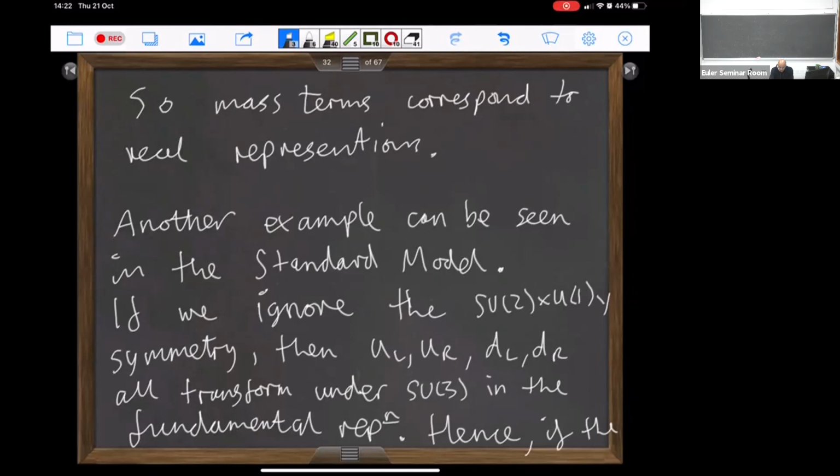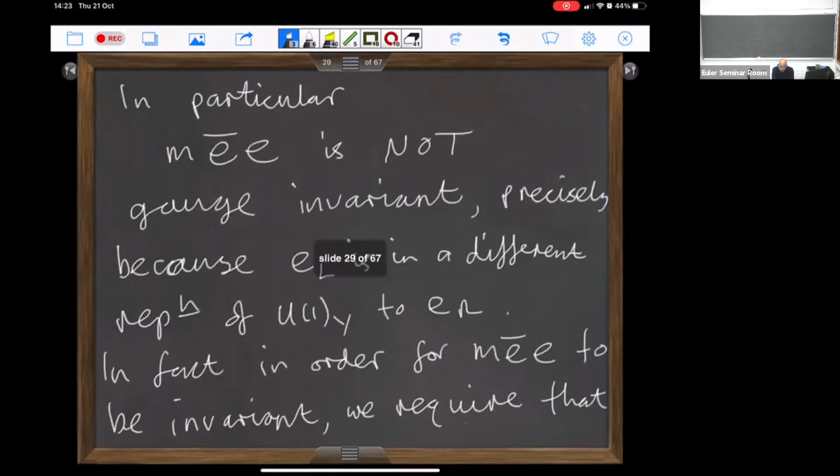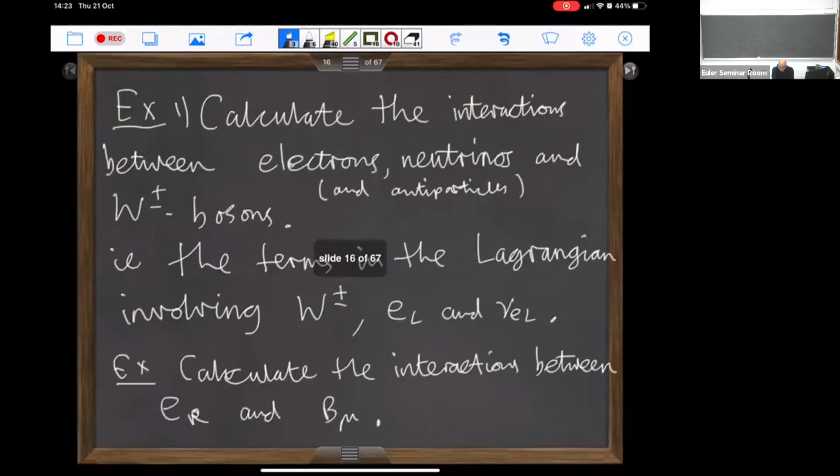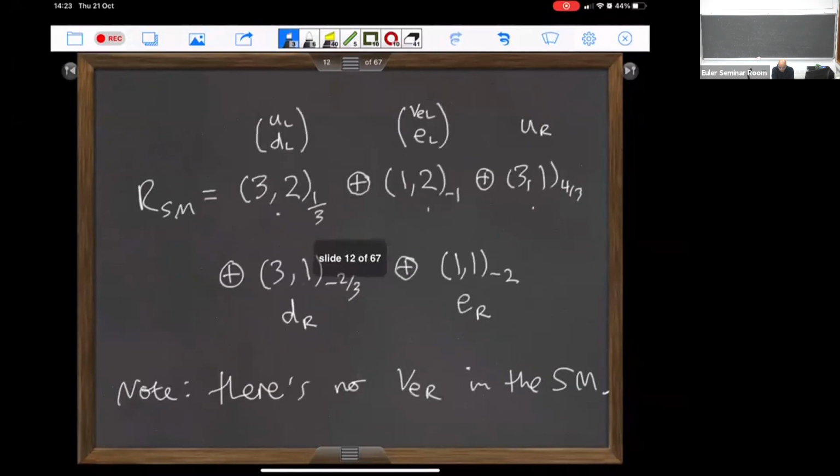We can look at another example that arises in the standard model. Say we forget about the SU2 times U1 symmetry and just look at SU3, the SU3 part. Then you see that if we go back to the standard model representations, where are they? Here.